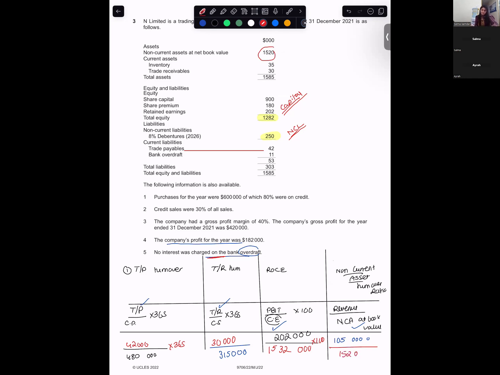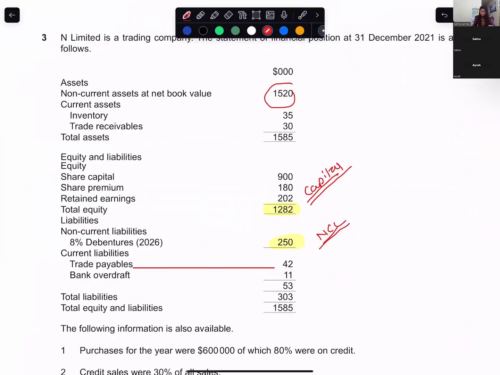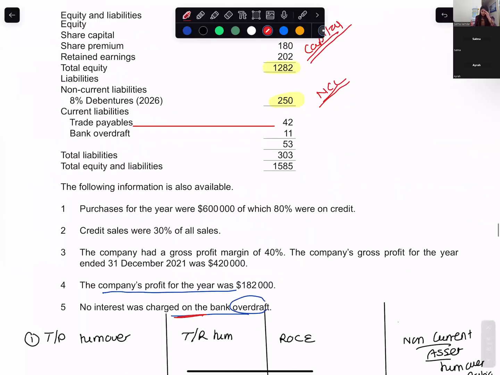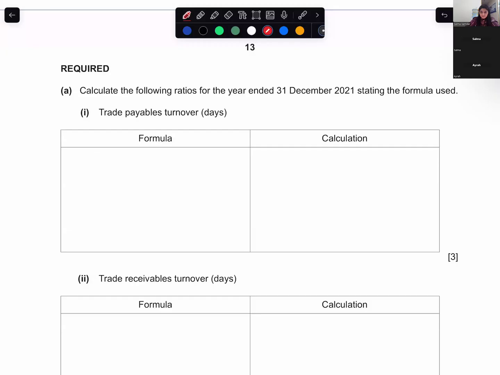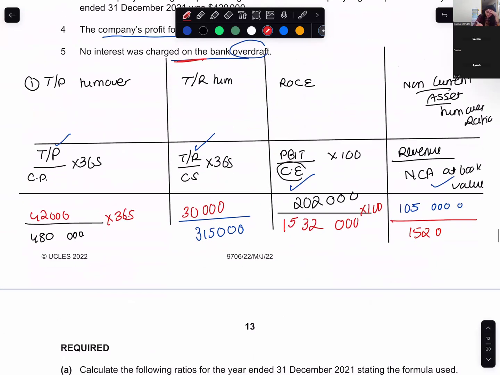1520. Now I'm giving you 2 minutes. Work out the ratios and give it to me. So now can you give me the answers for trade payable turnover ratio? It is 32 days. Trade receivable, 35 days.